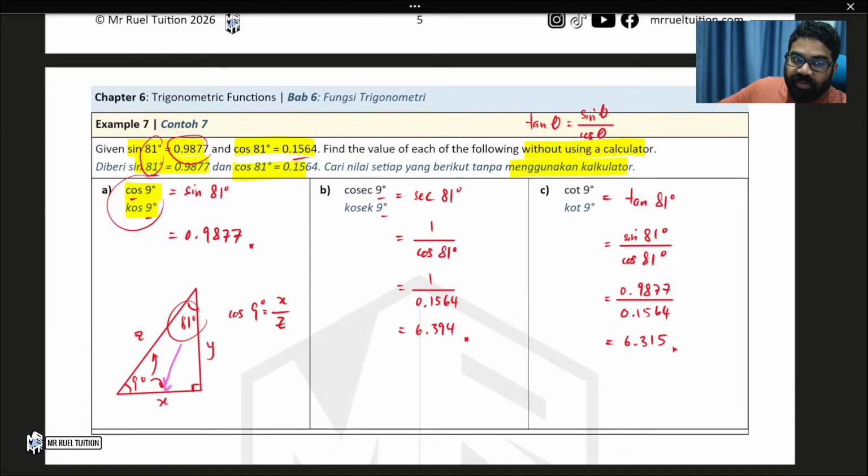Betul tak? Opposite, isn't it? For 81 is opposite, right? And then z is hypotenuse. So now you know already lah. Sekarang awak tahu. It is sine of 81. Opposite over hypotenuse. Like that. Understand or not? Faham tak? Okay. You can just use this. Kalau tak ingat, tak apa. It doesn't matter. As long as you understand the logic, awak boleh dapat. Okay?